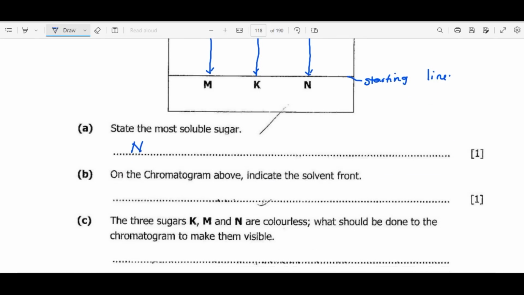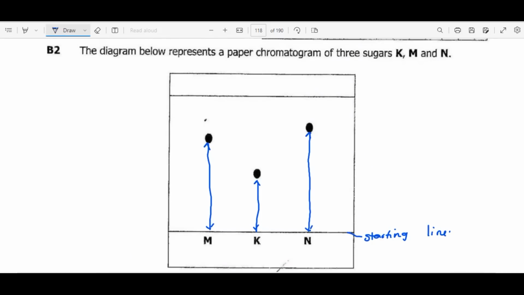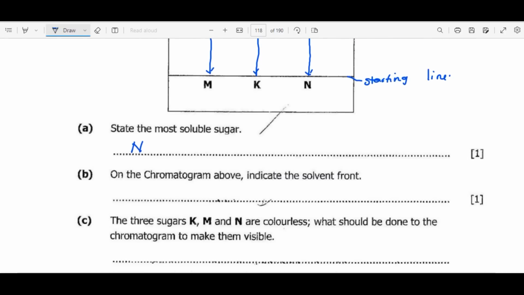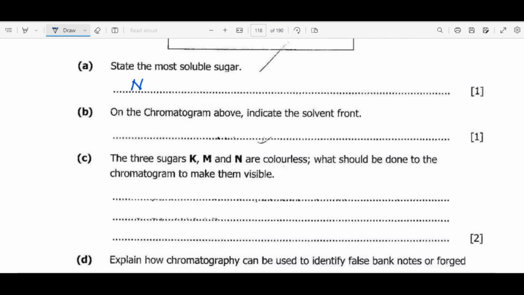Then on the chromatograph above, indicate the solvent front. So the solvent front indicates the height which the water, or the liquid that you are using, has reached. So this is our solvent front. Right, so we move on to question C. The 3 sugars K, M and N are colorless.